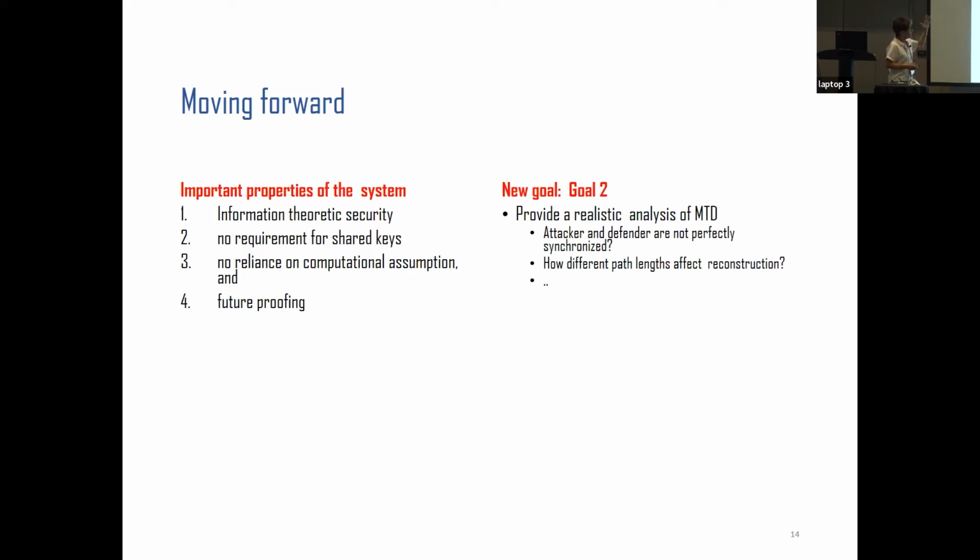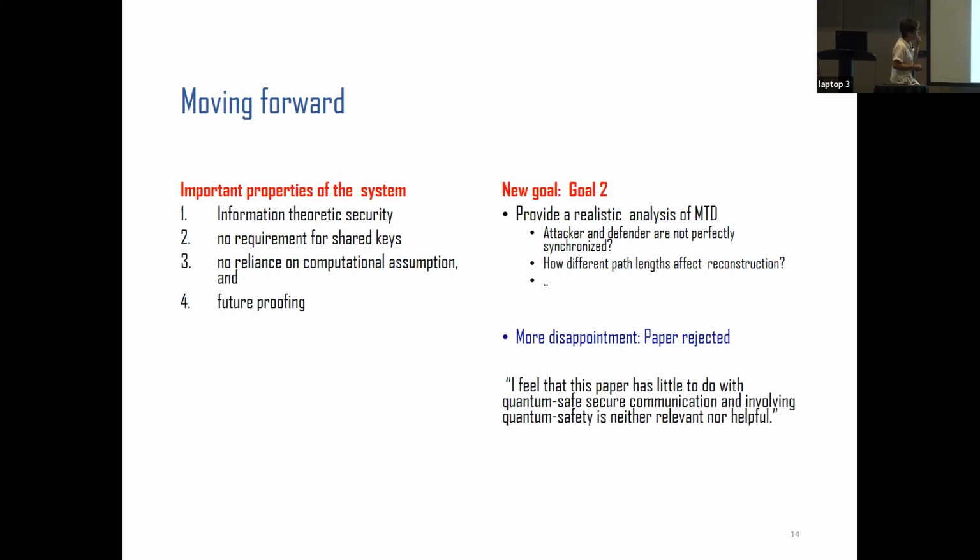So we worked on this for another 6 months, and then we wrote a paper, and that paper was rejected. There was a lot of criticism from the program committee that a lot more implementation details were required.